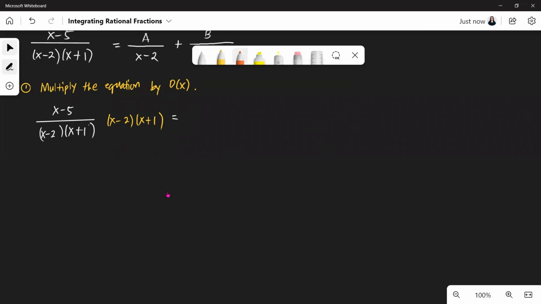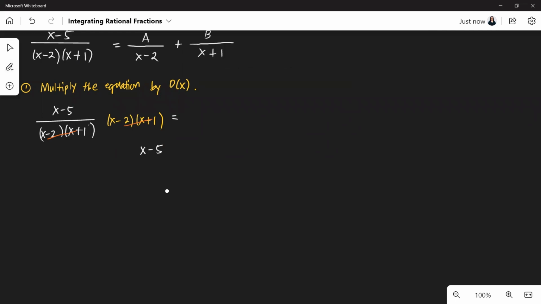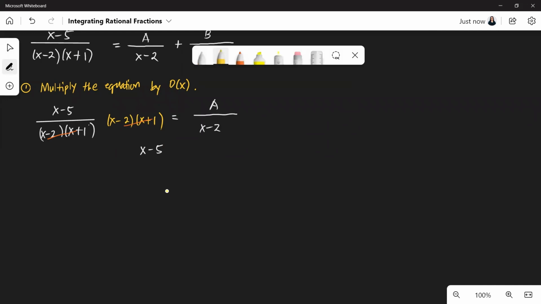After multiplying with the denominator, of course, we cancel out the denominator. Again, the purpose is to express the term as a polynomial and not as a ratio of polynomials. So x minus 5. And for the right side, you need to do the same thing: multiply A over x minus 2 with x minus 2 times x plus 1.